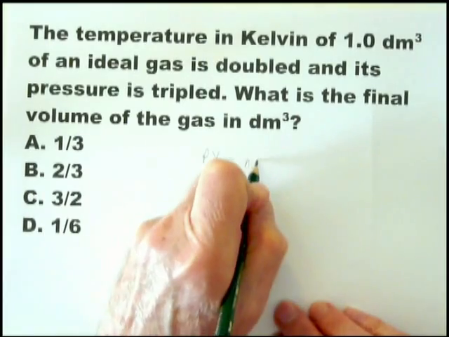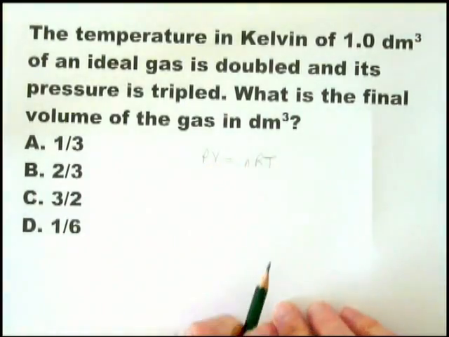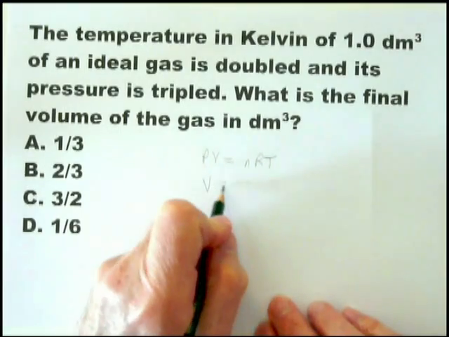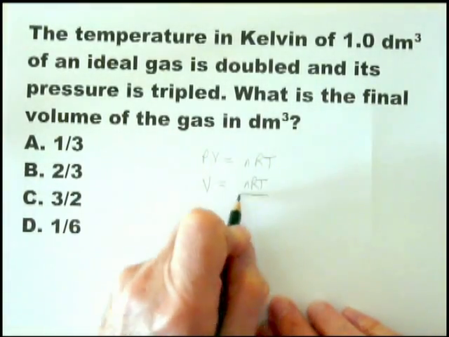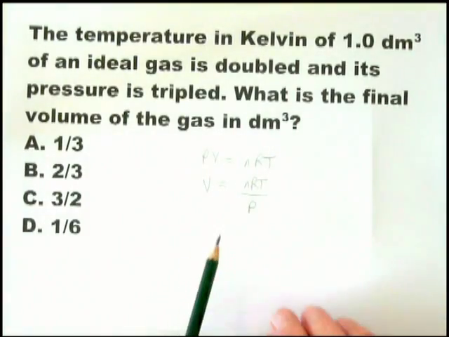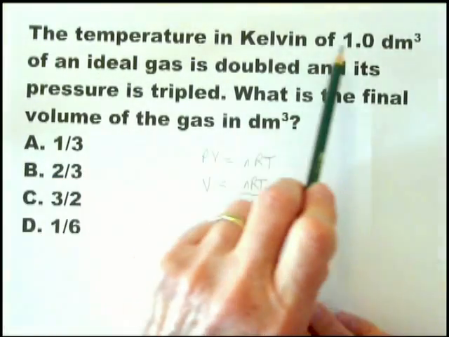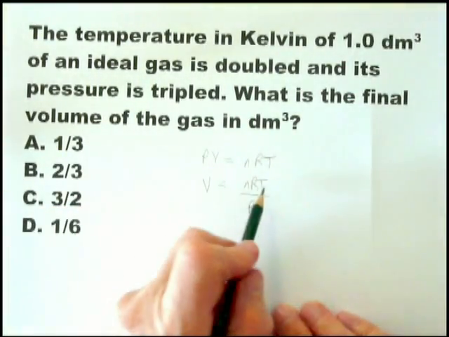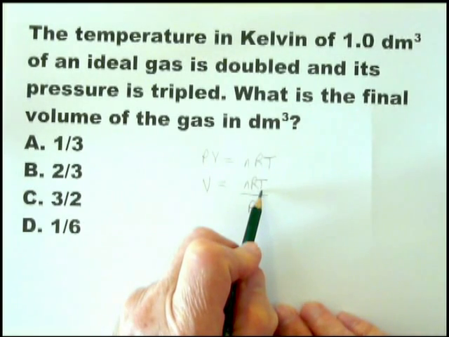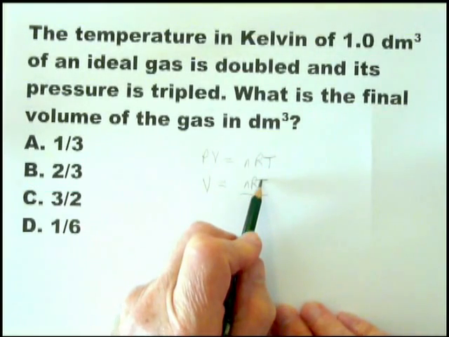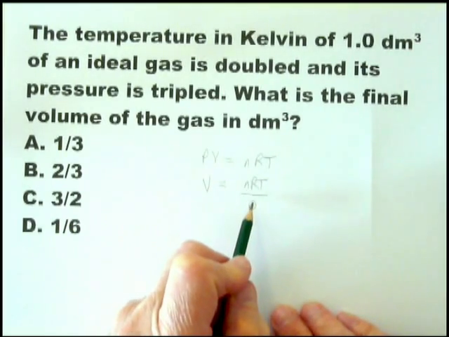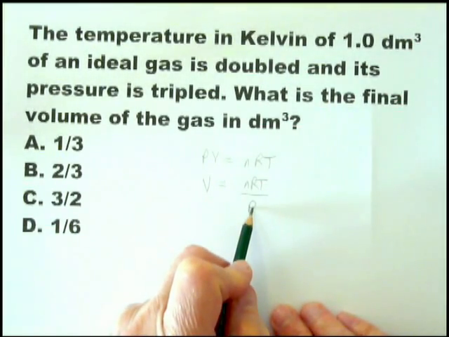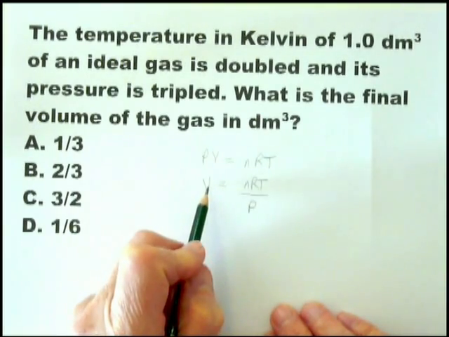PV equals nRT. What is the final volume? So V equals nRT over P. What are they changing? Temperature is doubled. Okay, so if we double the temperature, and then keep the n, the R, and the P constant, we have to double the volume.